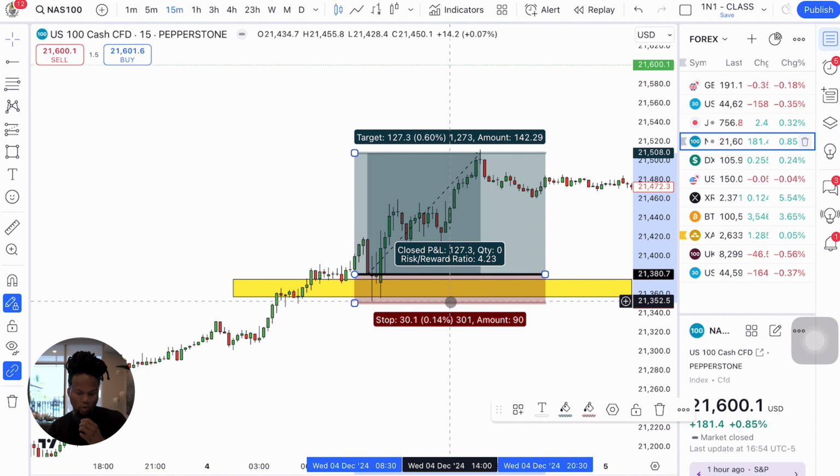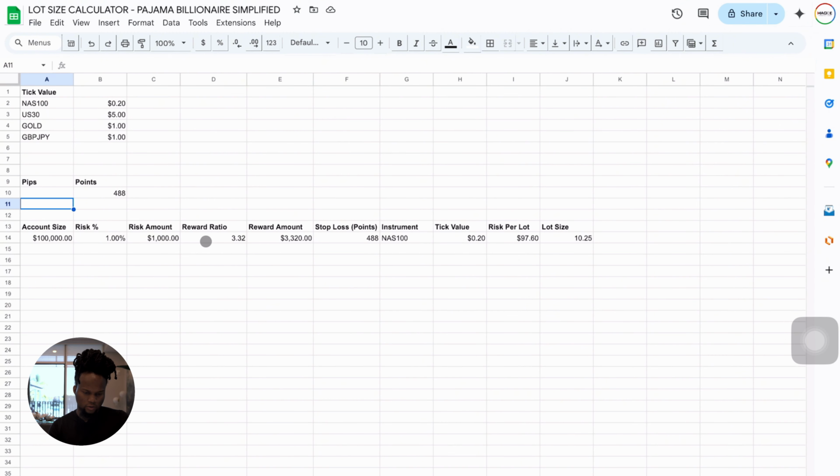So this is 301 points, 4.23 reward ratio, and then it's going to be 301 points, right?